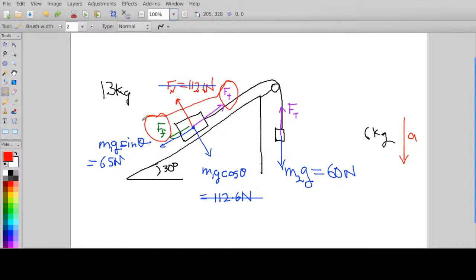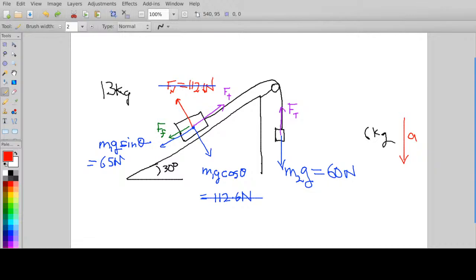Both FF and the 65 newtons. So the net force is going to be Ft minus FF minus the 65 newtons. Ft has to be bigger than both of them. Why? Because if it weren't, there's no way Ft would be dragging it uphill.